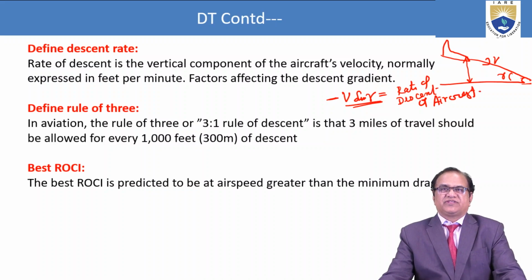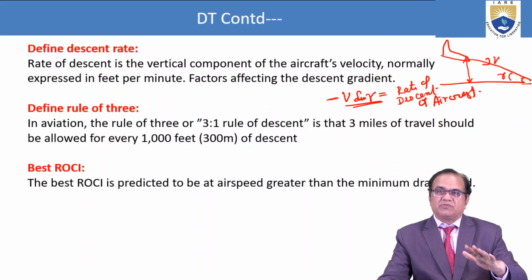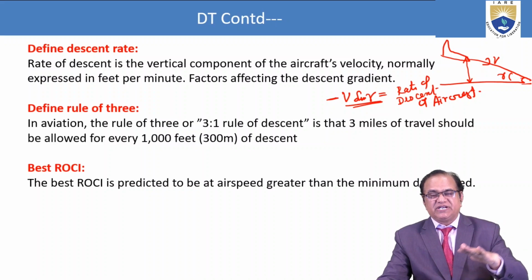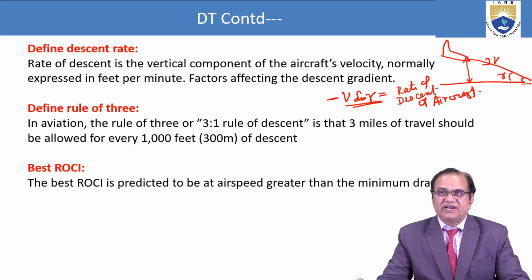Define the rule of three. During the descent, aircraft follows some relation between the horizontal travel and the vertical travel. In aviation, the rule of three, or 3:1 rule of descent, is that 3 miles of travel should be allowed for every 1,000 feet or 300 meters.